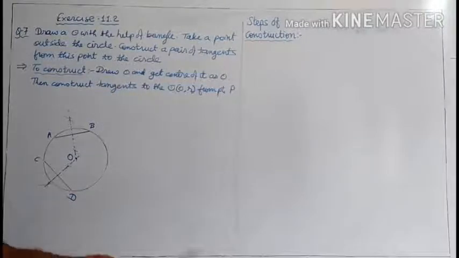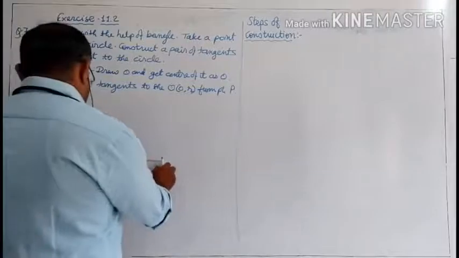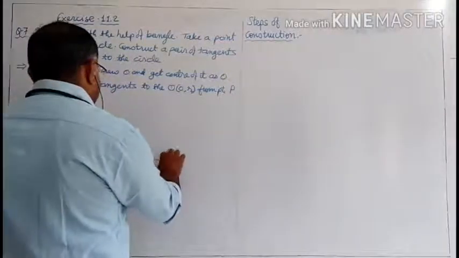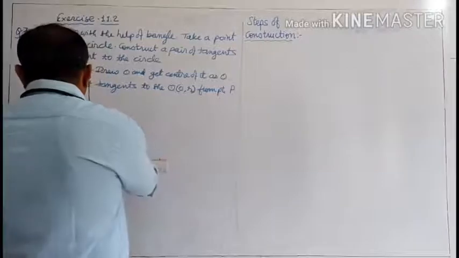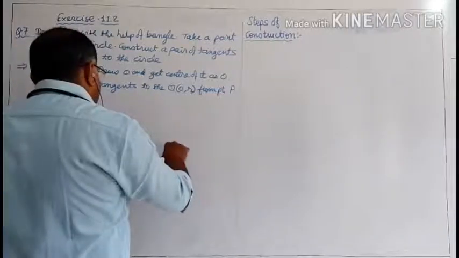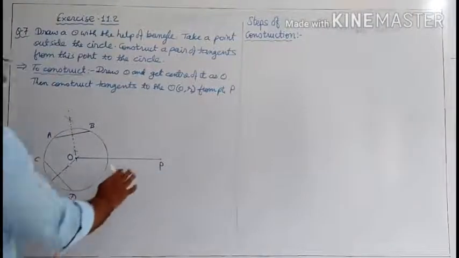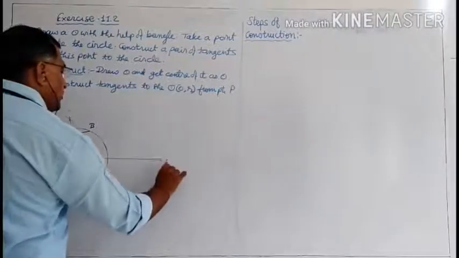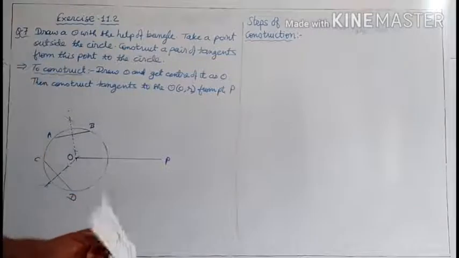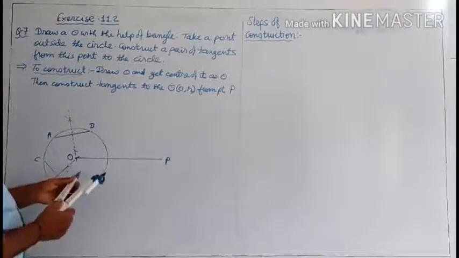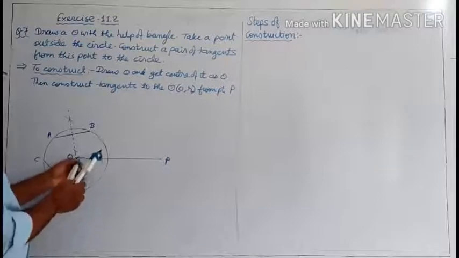Taking point P outside the circle, we have to draw tangents to this circle from the point P. So first of all, we have to get the midpoint of OP, so that we can draw the circle with diameter OP.